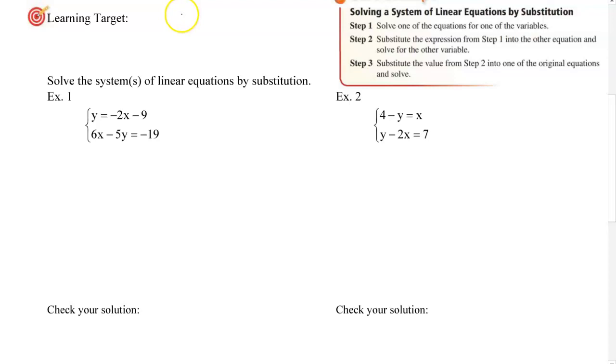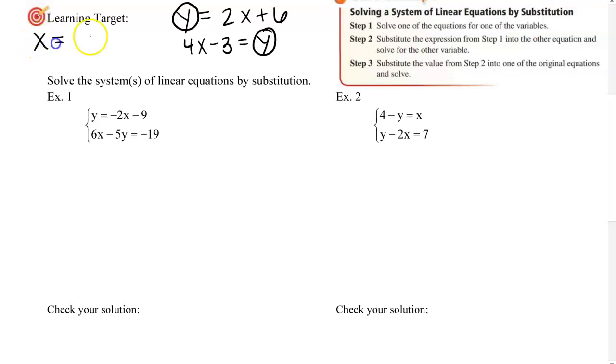For example, if you have y equals 2x plus 6, y is all by itself on one side of the equal sign. If I had 4x minus 3 equals y, you can see y is the only thing on the right-hand side of the equal sign. The same goes for x.